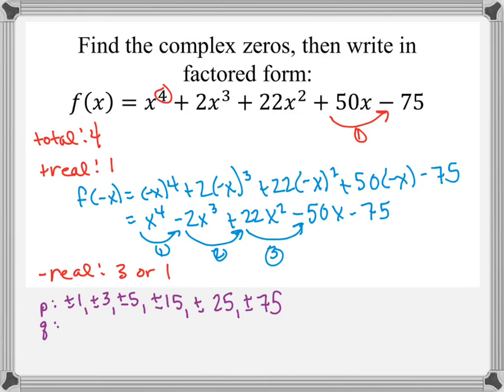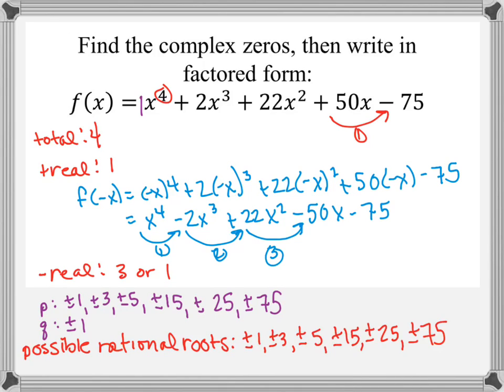My q's are my factors of 1, which are plus or minus 1. So my possible rational roots are basically my p's, because our q's were plus or minus 1.